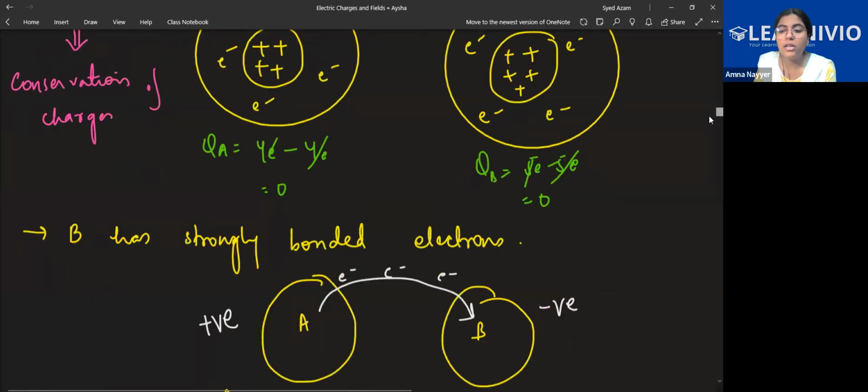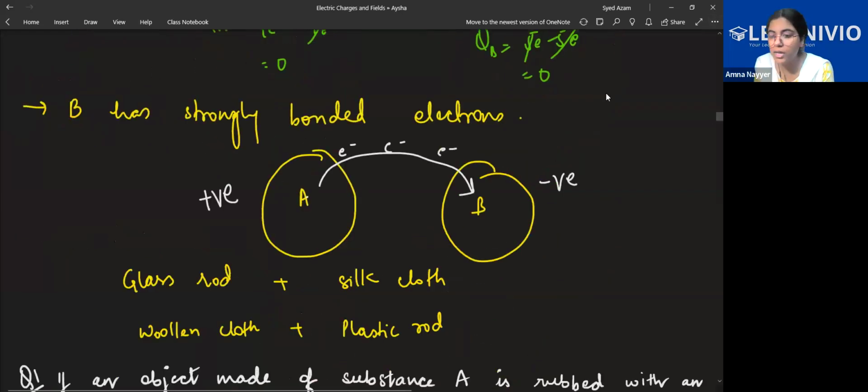And 2 more points. For every body you cannot remember; there are so many objects. But in NCERT, 2 things are mentioned, so it's better if you remember these two, just in case they come. Glass rod and silk cloth are very important because this was the experiment which led to the discovery of the charges. The glass rod acquires positive charge and silk cloth acquires negative charge.